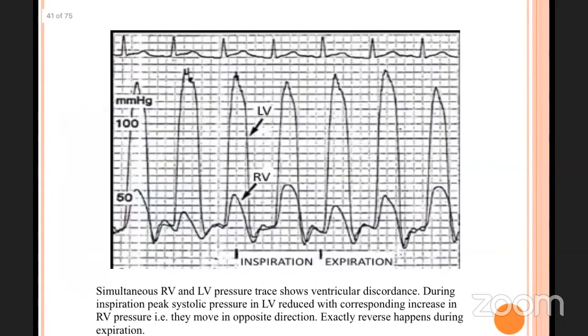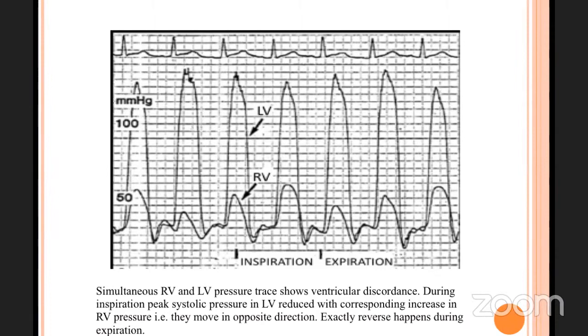So then came this invasive investigation of respiratory response of the right ventricle and left ventricle. This is important to understand. As I said, there is dissociation of intrathoracic pressure from the intrapericardial pressure. So this results in what we call a discordant pattern between the RV and the LV during both phases of respiration.